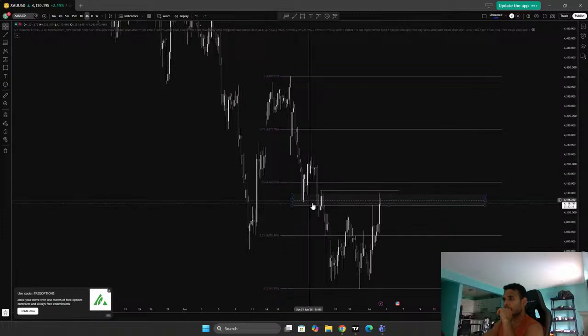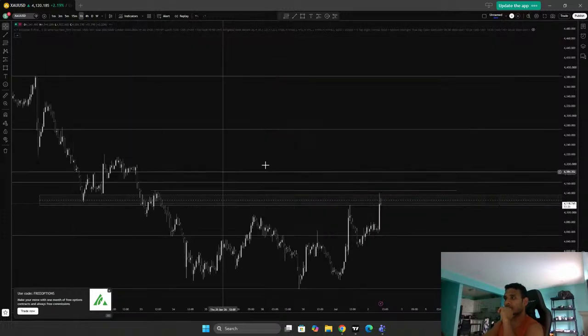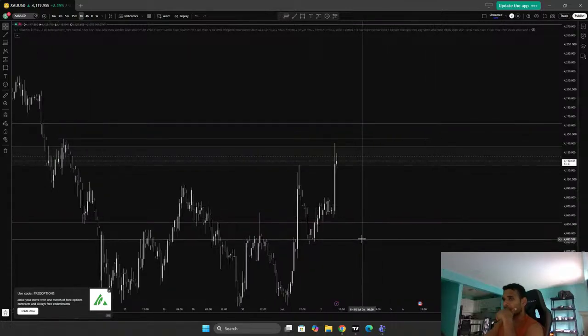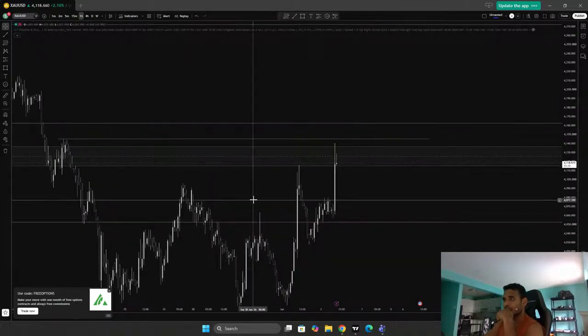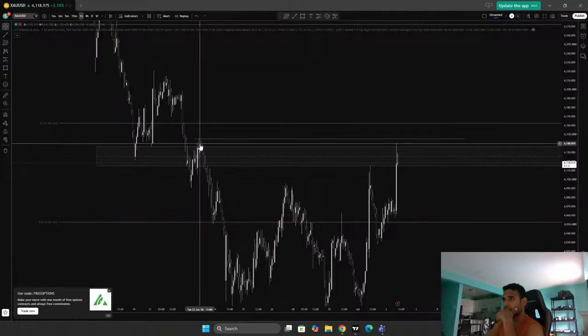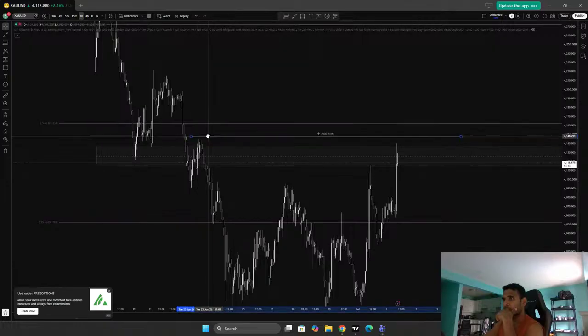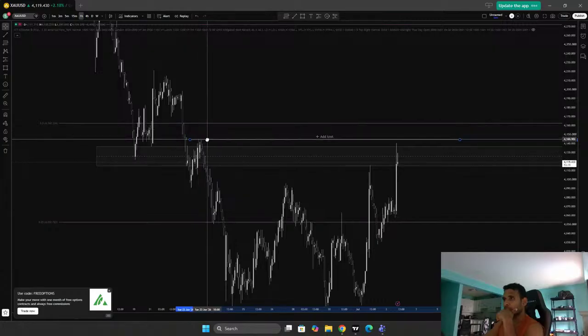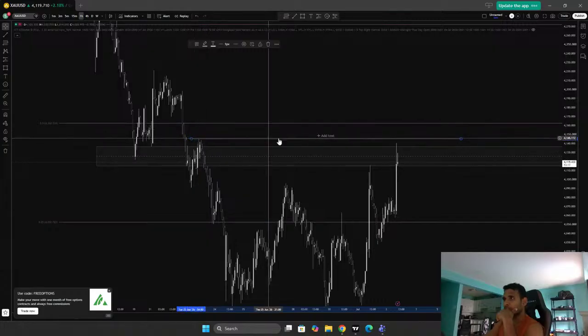So, do you want to keep this stuff inside the chart or not? Could be confusing, right? You see, this is a liquidity zone, aligned with this equilibrium level. Can I target this instead of this? This is the first target. It will be the second target, right?